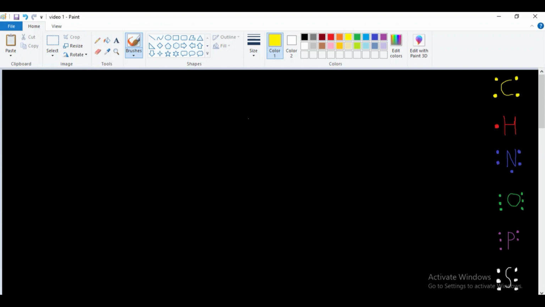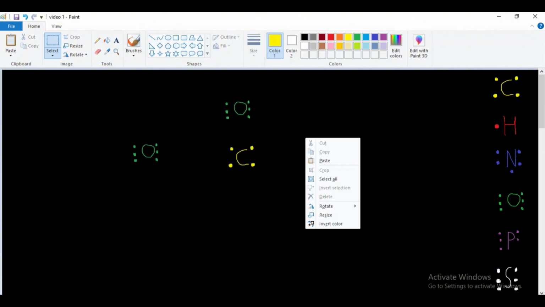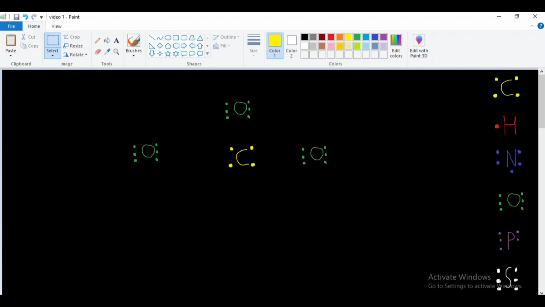So now starting with the first, let's say carbonate. This is our first atom, this is our second atom, and this will be our third atom. Now I will start joining them.